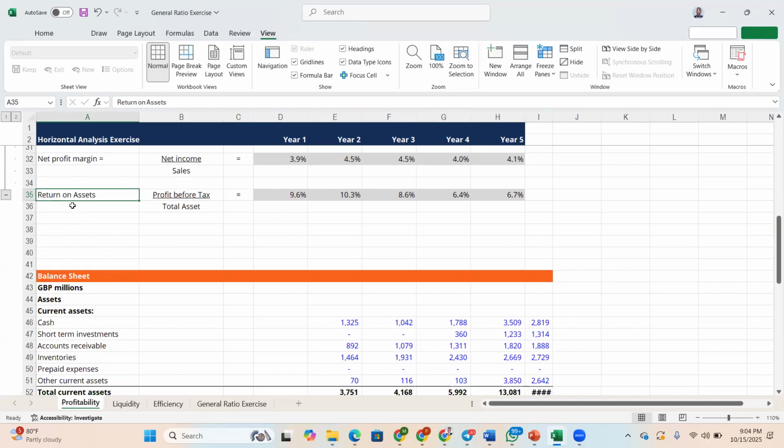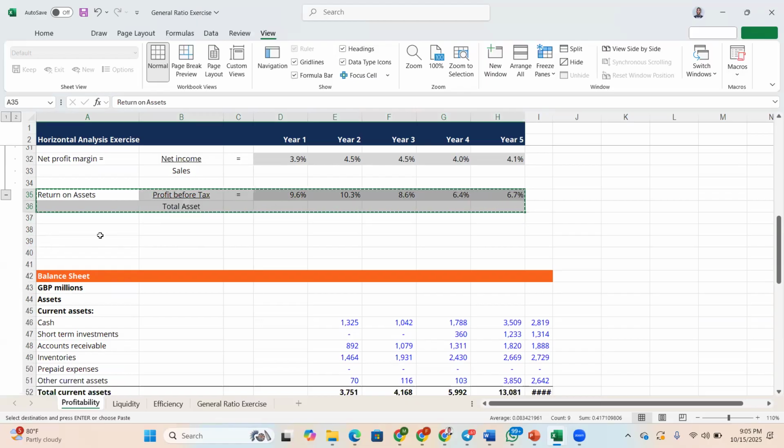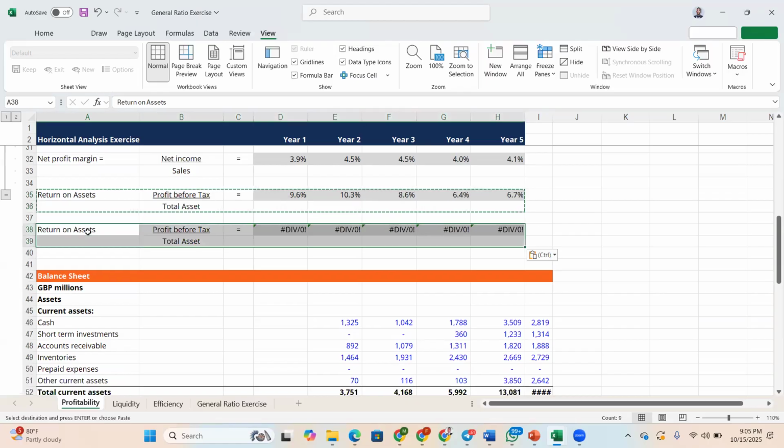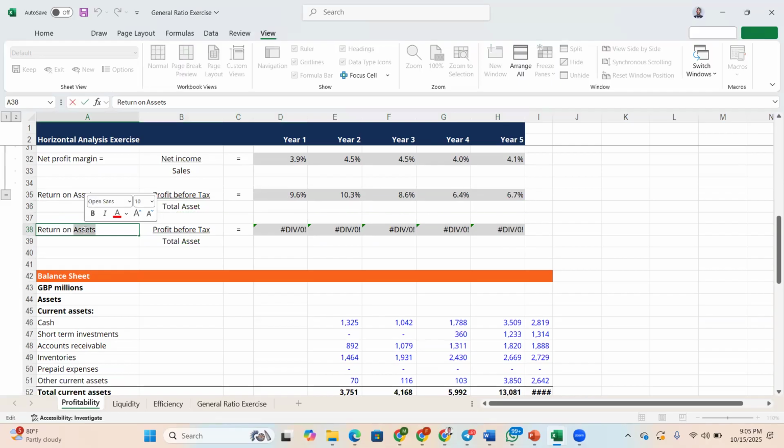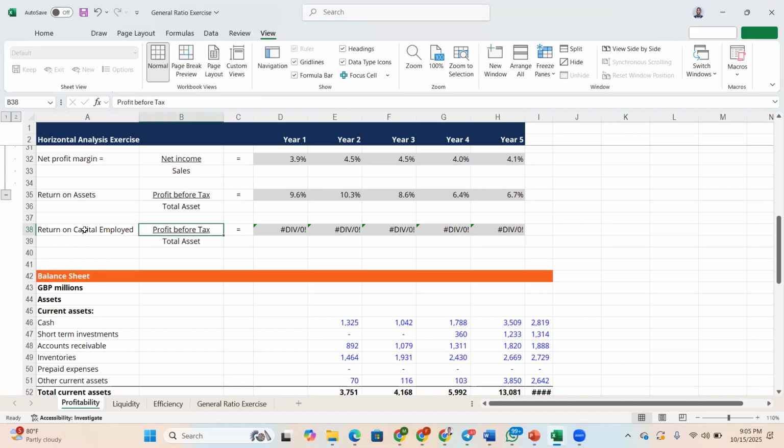So we can also calculate the return on capital employed. Return on capital employed is actually profit before interest and tax, which is earnings before interest and tax, divided by capital employed. And what's our capital employed again?